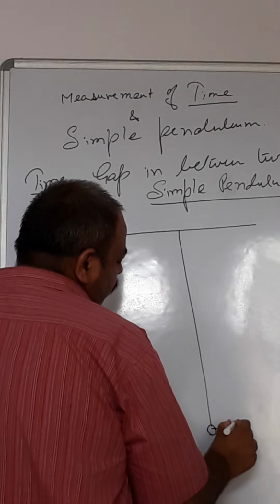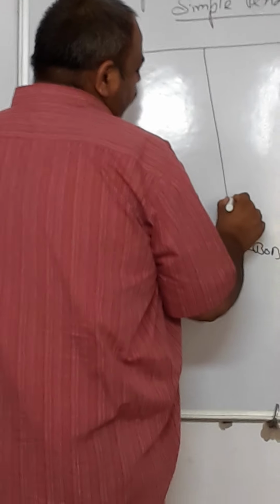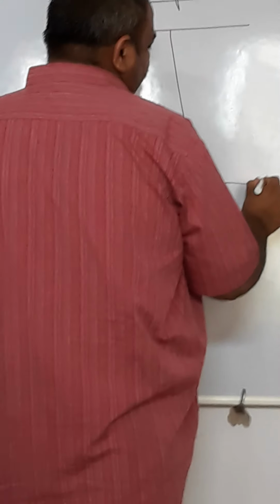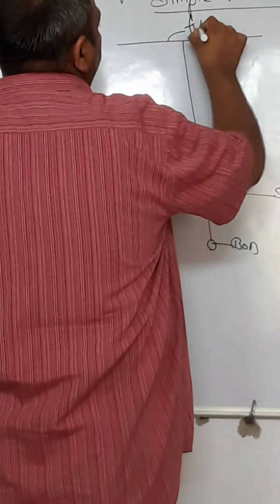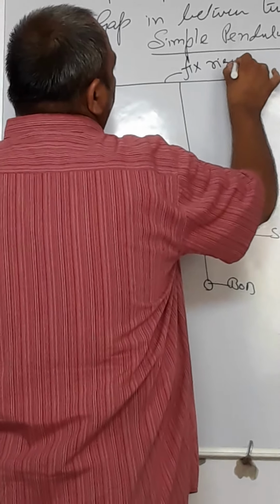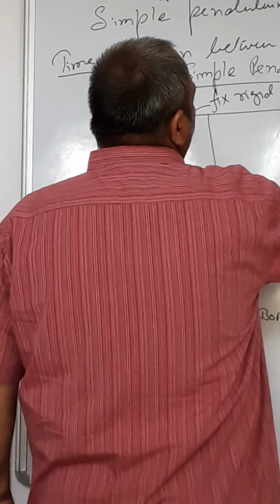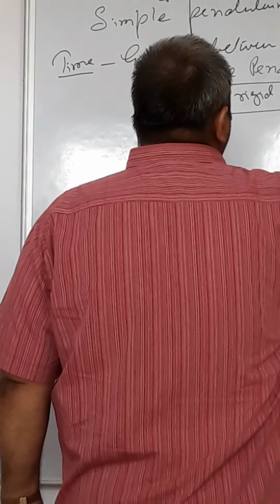This is the bob, the thread or string, and this is the fixed rigid support.